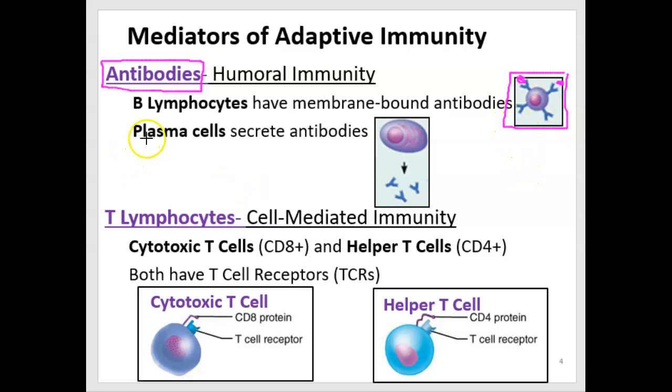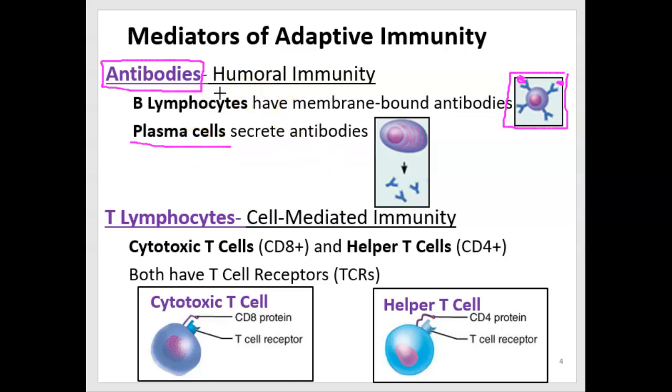Or antibodies could be secreted by certain B lymphocytes, but then we call the B lymphocytes plasma cells. So a B lymphocyte that secretes antibodies is called a plasma cell. So B lymphocytes and plasma cells fight with antibodies.